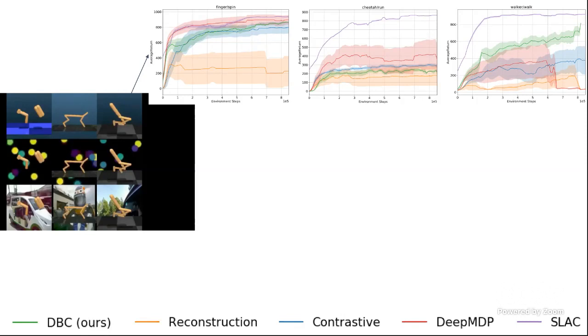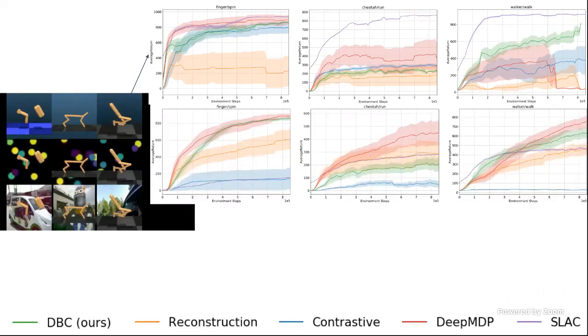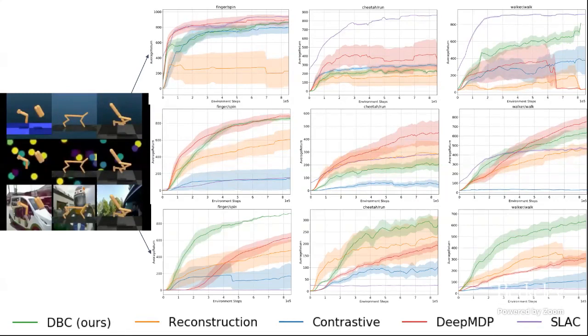We also compare against a recent state-of-the-art method, DeepMDP, and stochastic latent actor critic, SLAC. In the baseline setting, we see that these methods generally perform quite well, especially SLAC. But as we increase the visual complexity of the rich observation, the methods that use reconstruction or contrastive losses all start to show worse performance, whereas DBC, our method, has consistent performance across all settings.